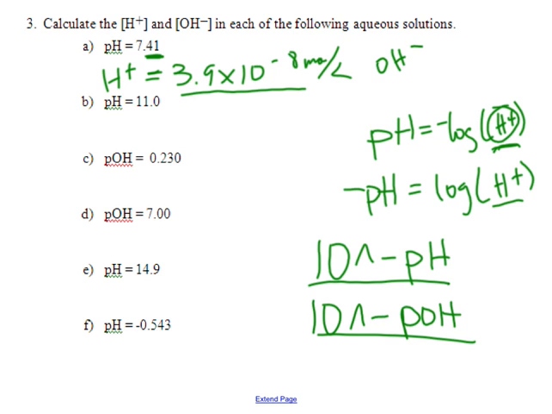Kw. So 1e negative 14 divided by 3.9e negative 8 is 2 sig figs, times 10 to the negative 7 moles per liter. Got it? Do I have to do another one? Practice this at home. You got to get those keystrokes right.